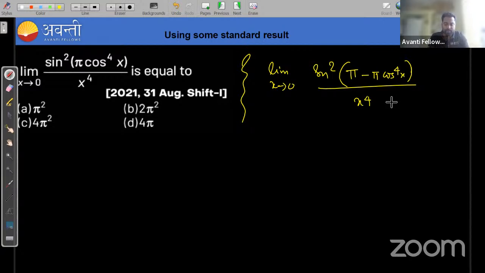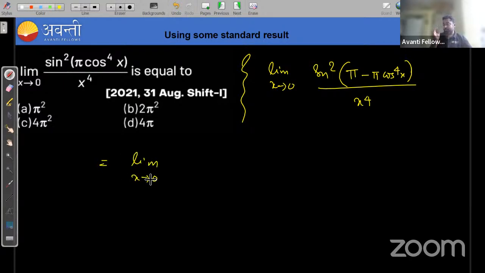Let me know in the chat box how many of you agreed with my opinion. Can I write this or not? Ganesh is saying, sir, yes. Yes, we can write. Okay, so it's a very simple thing. Next, limit x tending to 0.